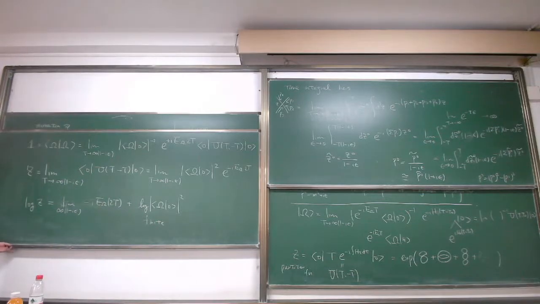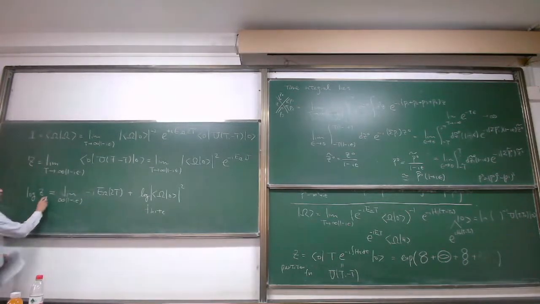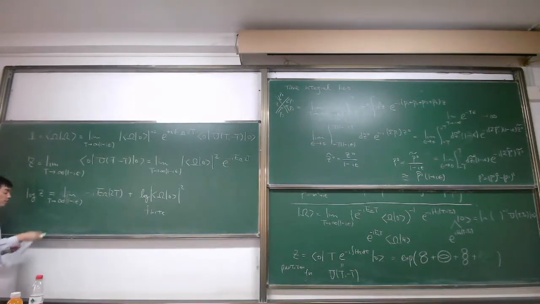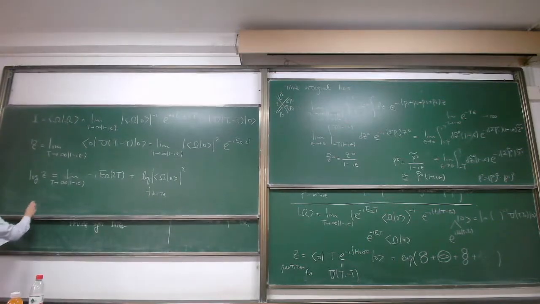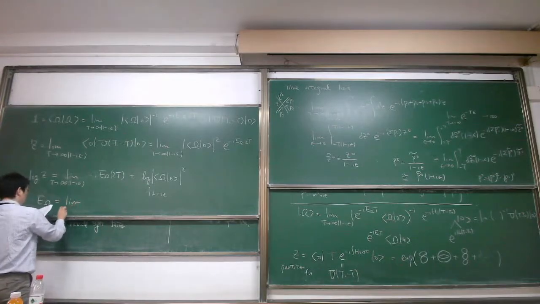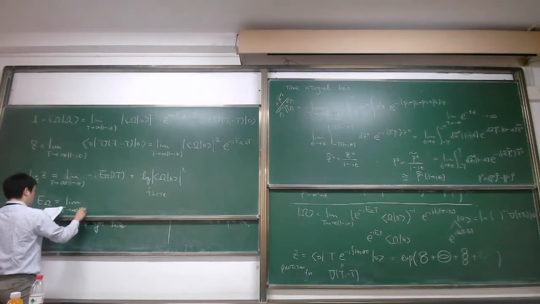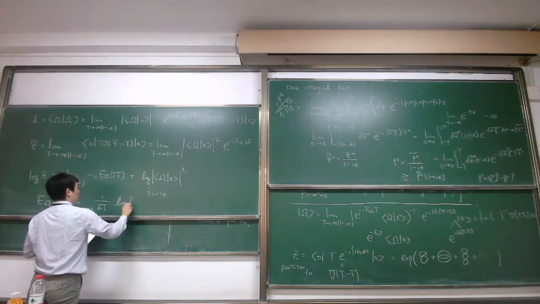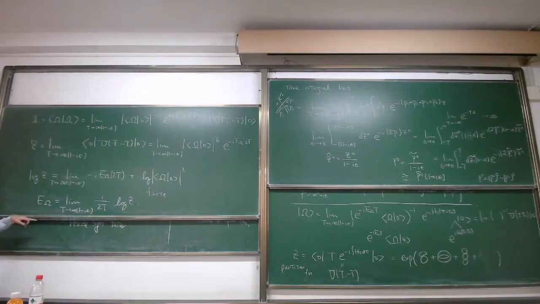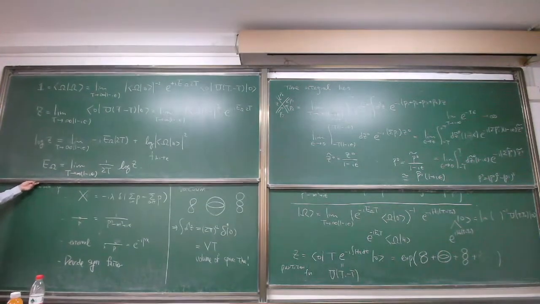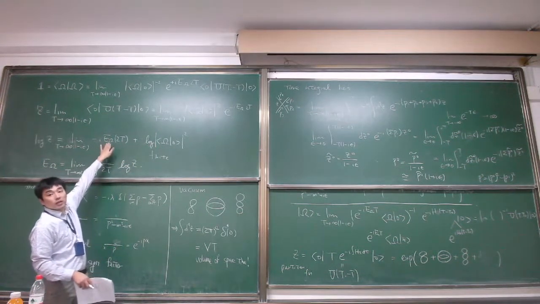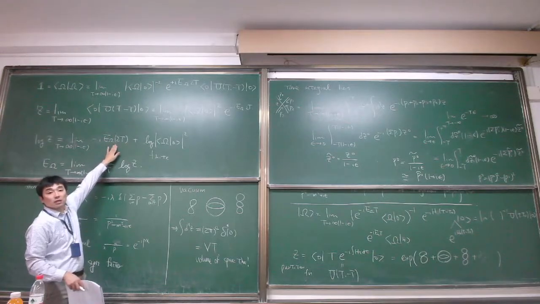And t goes to infinity means that this term is divergent. So E omega is the limit t goes to infinity of 1 minus i epsilon over 2t times i log Z. When you take t goes to infinity, this term is negligible compared to this term, so this term is dominant.